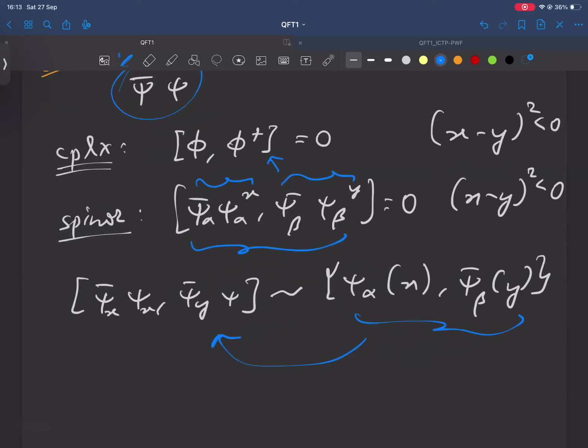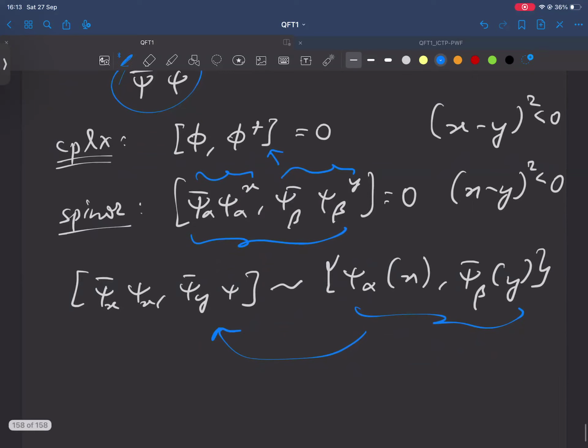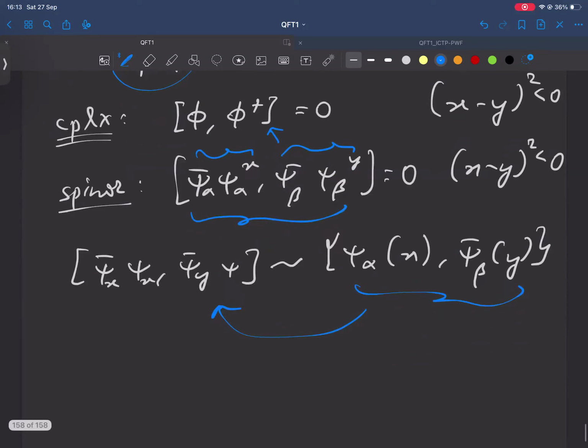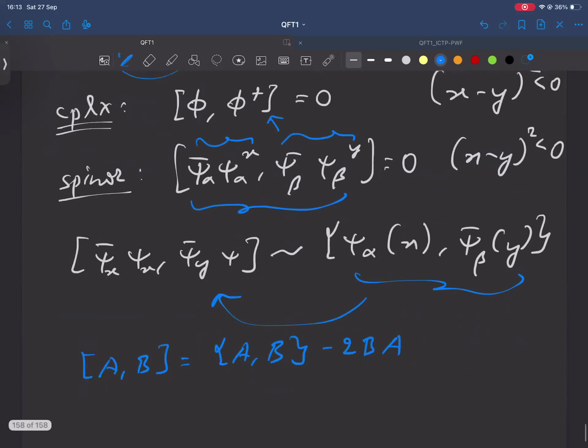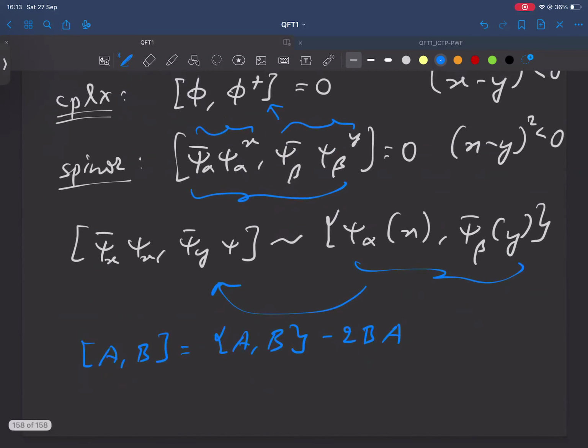This is something that you can show, and it's very simple to show, but a bit tedious. It's not at all difficult. You only need three commutator identities, which are again easy to understand. Take any matrices A and B: the anti-commutator and the commutator are related this way.